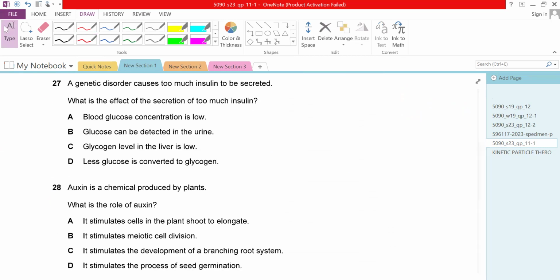Question 27. A genetic disorder causes too much insulin to be secreted. What is the effect of secretion of too much insulin? The function of insulin is to reduce the blood glucose concentration.